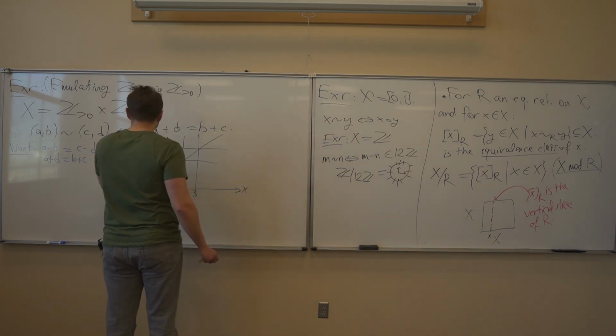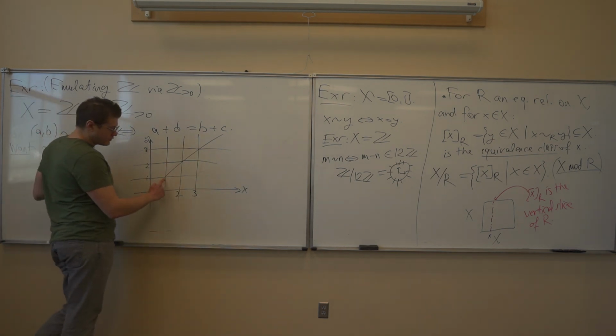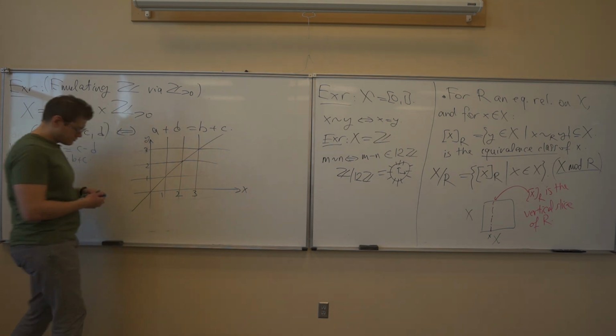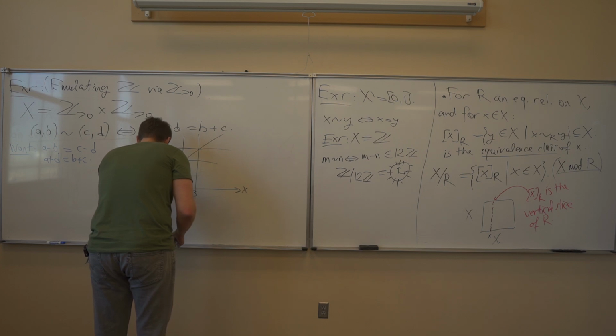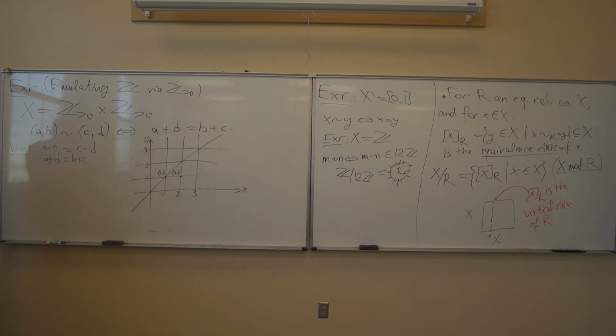This is the y coordinate. And I know the coordinates of these integer points. So for instance, this is (1, 1). And then this is (2, 1). This is (3, 1), and so on. Okay, maybe I should write it. Let me just write 2 of them.